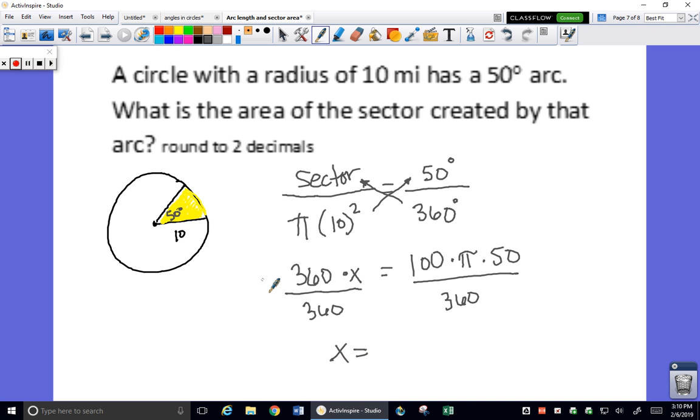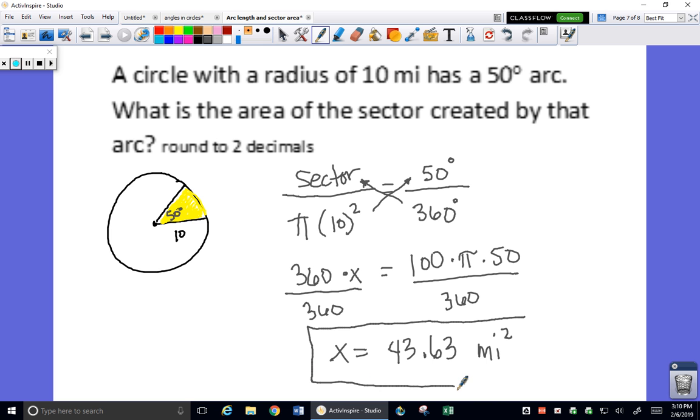Let's see what I get. 100 times pi times 50 is a large number. Dividing that by 360, you get approximately 43.63 square miles would be the area of the sector, with a radius of 10 and a central arc of 50.